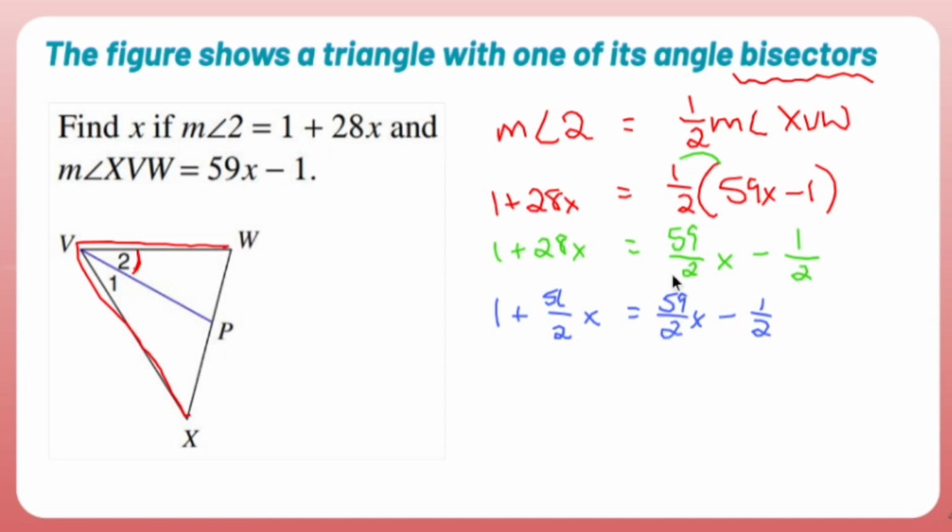In order to get rid of the x over here, I'm going to subtract 59 over 2x. Again, subtract 59 over 2x, cross you out. 56 over 2 minus 59 over 2 is minus 3 over 2. Drop down the 1, drop down the equal sign, drop down the minus a half.